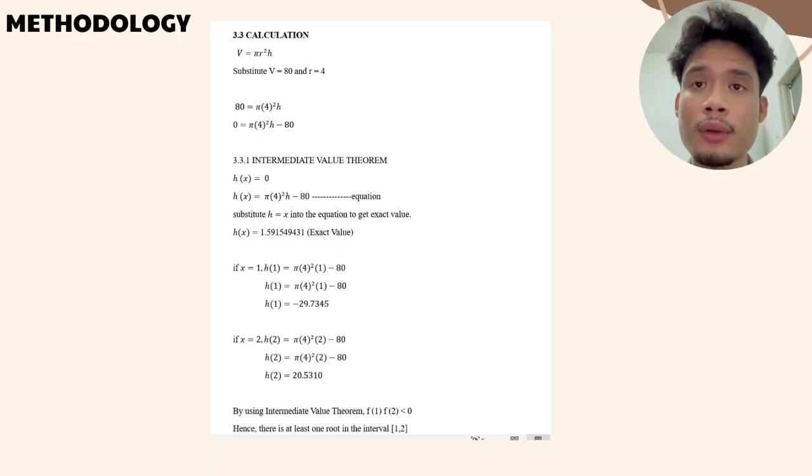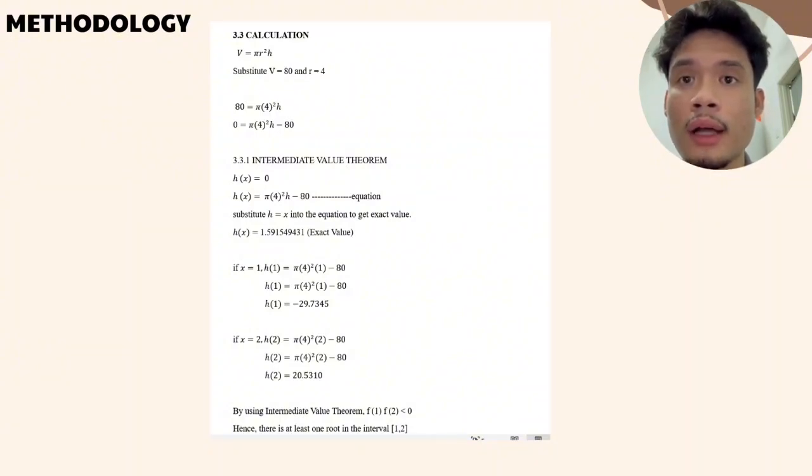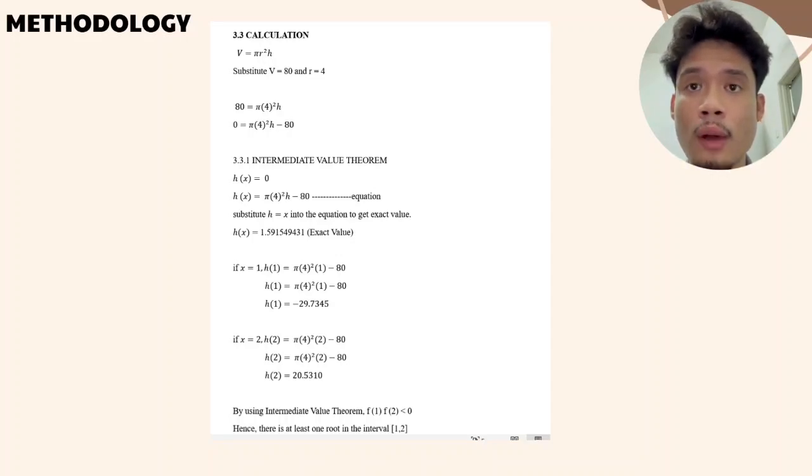After that, we do the trial and error method to find whether there is one root in the interval. We substitute 1 into the function, and using a calculator we get negative 39.7345.